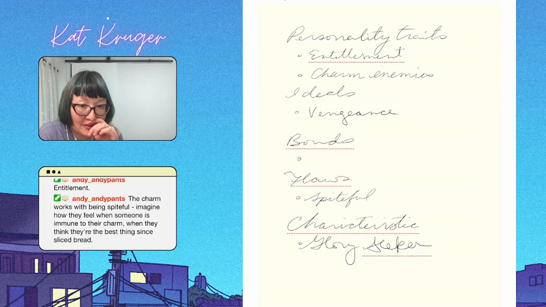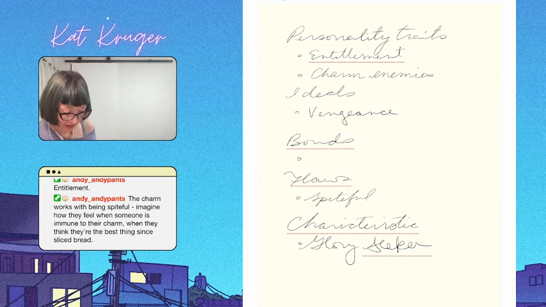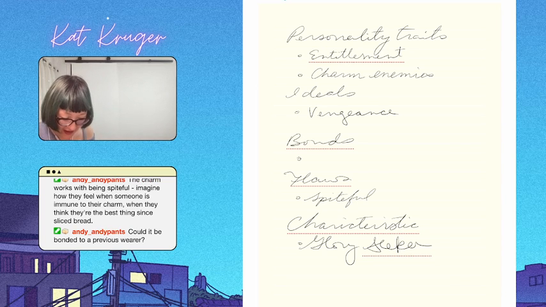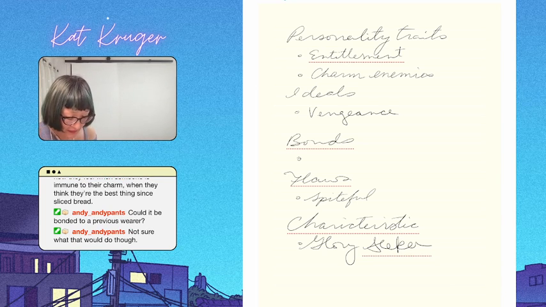Yeah. So here's what I'm going to do. I'm going to take all of this information and then put it into the homebrew section of bonded to a previous wearer. Yeah, I'm not sure what that would do either.